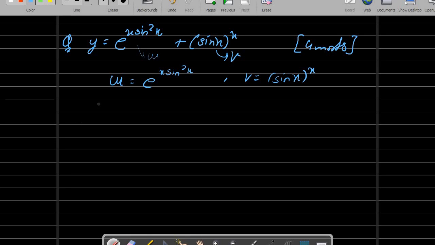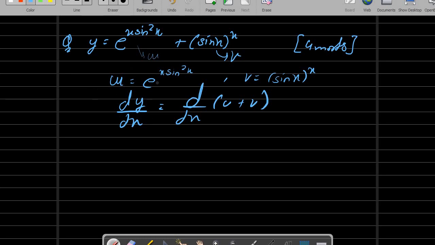I know it's a pretty easy question, but it's really important as these questions are not for JEE Mains, these are for your class 12 board examinations, the upcoming ones. Since I've written it like this, now I'll differentiate. So dy by dx would be d by dx of u plus v, the sum of the differentiations.